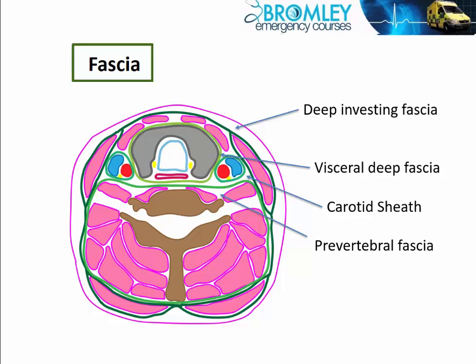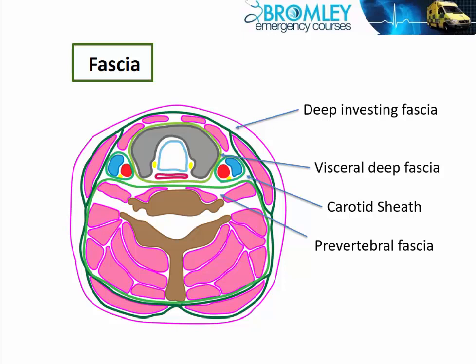Now you'll notice that between the light green of the visceral deep fascia and the dark green of the prevertebral fascia, there's effectively a space, or at least a potential space, a place where there's a separation between the fascial layers. Now this is an important potential route for the spread of infection right the way down towards the mediastinum, from anywhere higher up from the pharynx and so on.